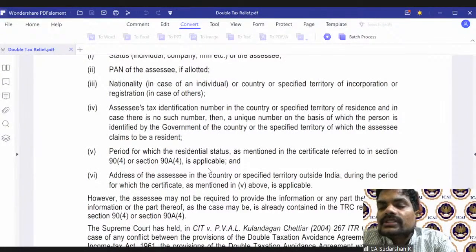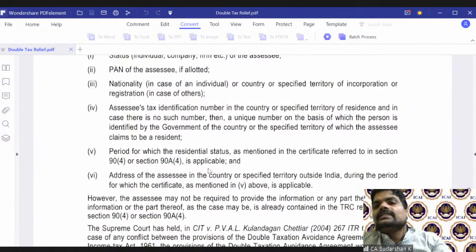But the India-Mauritius treaty says the taxing right is only with Mauritius; it shall be taxable only in Mauritius. So India gave up its taxing right. This is as per the India-Mauritius tax treaty.